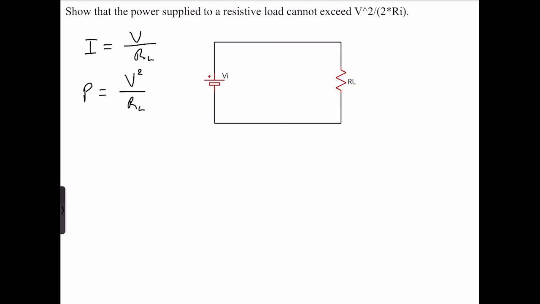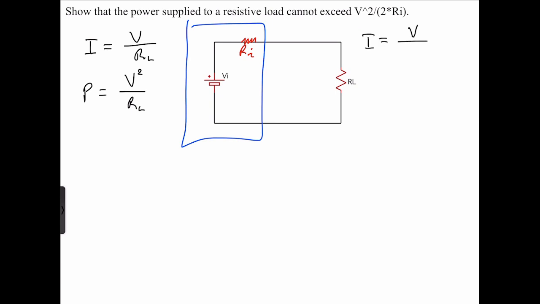Now if we add our internal resistance, which makes up our battery, here we have our battery. Now our current for this circuit becomes V over Ri plus RL. As we said earlier, we want to find the maximum condition.